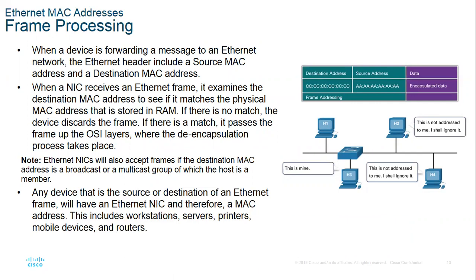The Ethernet frame may be broadcasted or multicasted, or transmitted directly from a source to a destination while crossing a switch. So we can find either a unicast, multicast, or broadcast Ethernet frame.